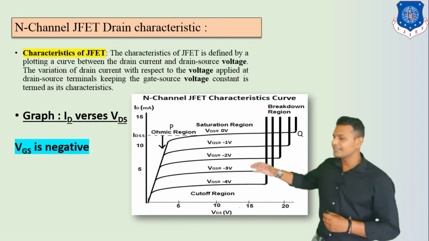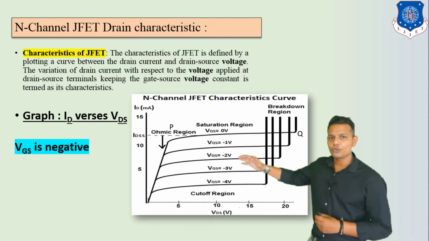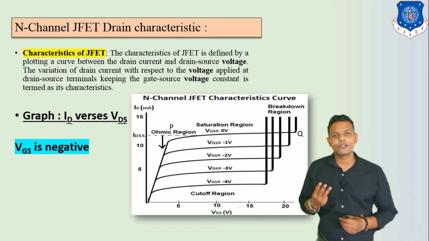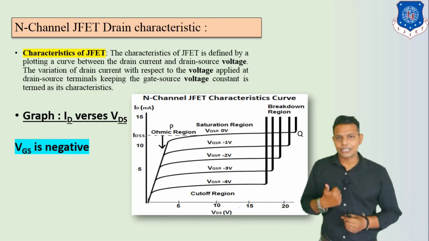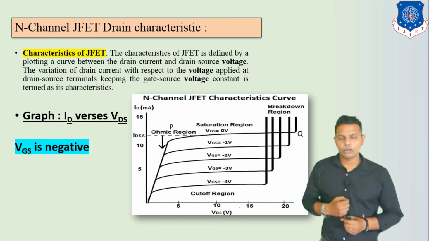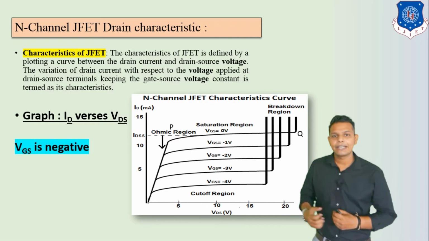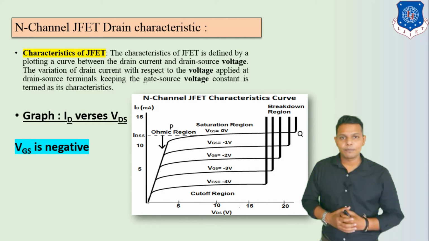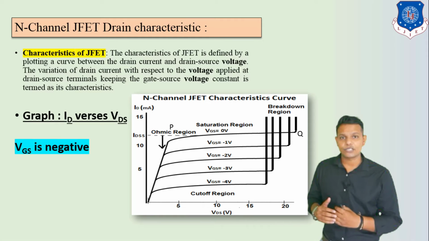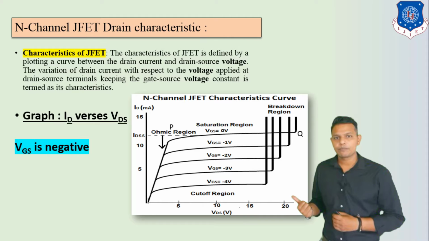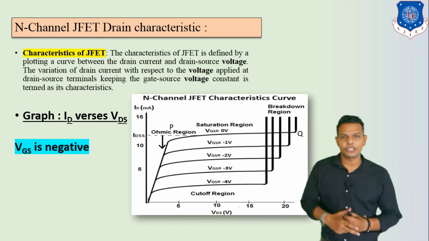Now here we can see this is a new region introduced in this characteristics. Before that we have seen only 3 regions, which are the saturation region, active region and cutoff region, introduced in transistors, or we can say BJT, NPN and PNP transistors. But here it is the FET type. So in this characteristics we are going to discuss only 3 regions, which are the cutoff region, ohmic region and saturation region.